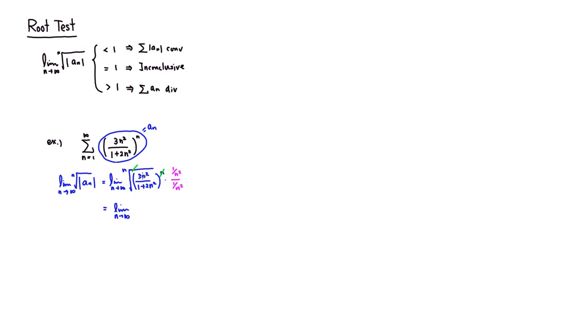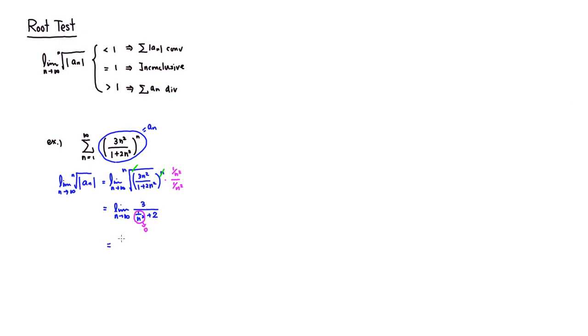The top is 3n squared divided by n squared, which is just 3. On the bottom, 1 divided by n squared is 1 over n squared, plus 2n squared divided by n squared is just 2. As n approaches infinity, 1 over n squared, because 1 over a really big number, approaches 0. So what's left is 3 over 2.